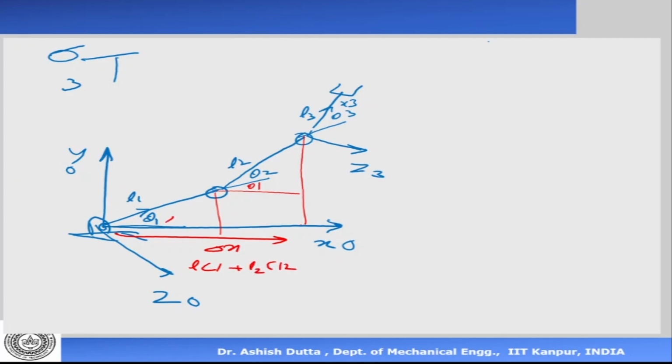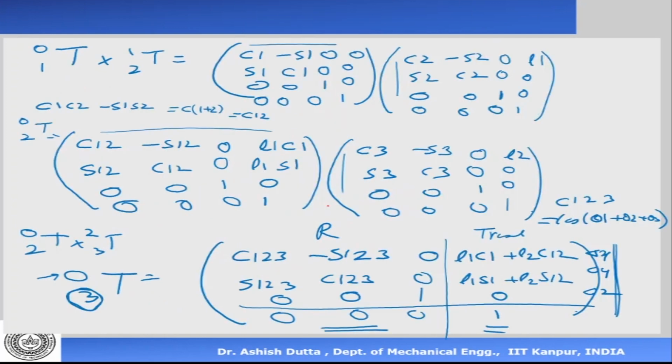What about the y direction? Del y is equal to L1 sin 1 plus L2 sin 1 2. So del x and del y are correct. In the z direction, it doesn't move because it's planar, so it's 0. So this is correct.